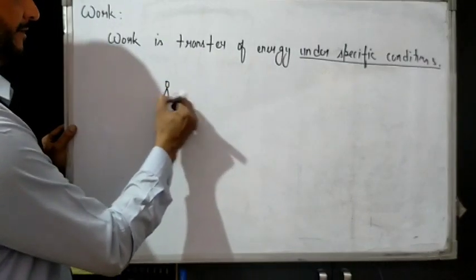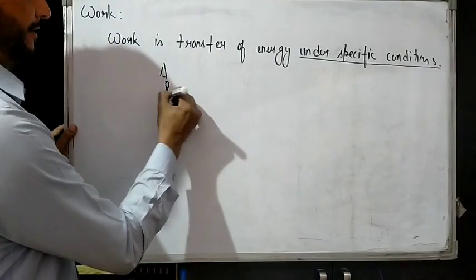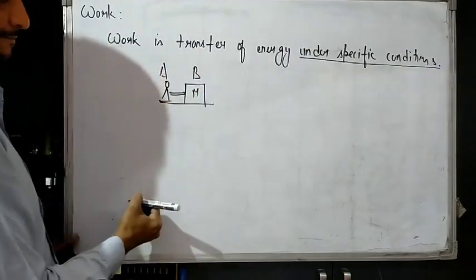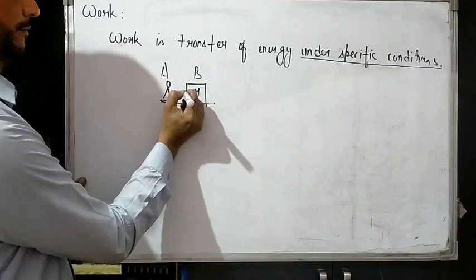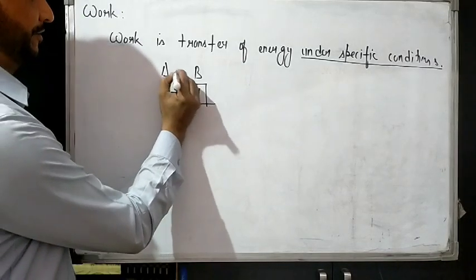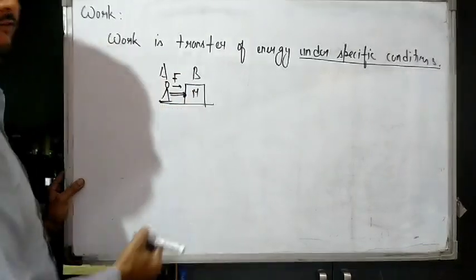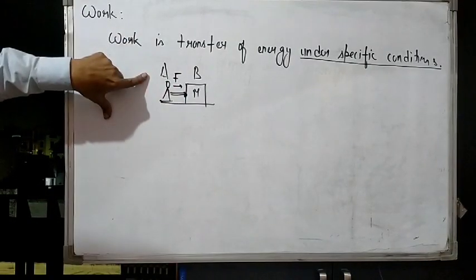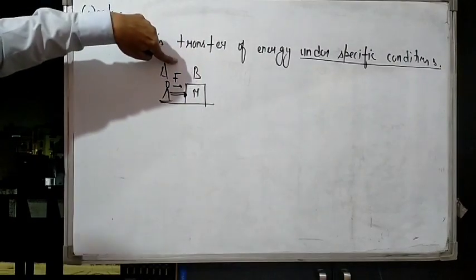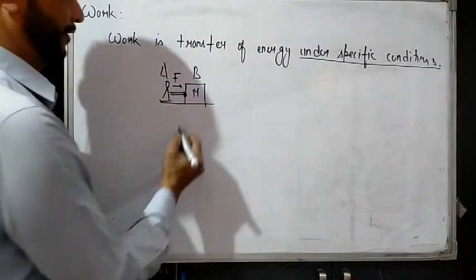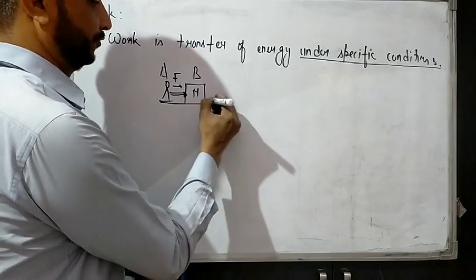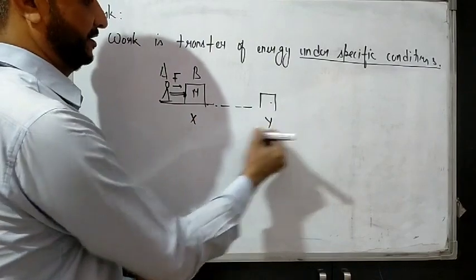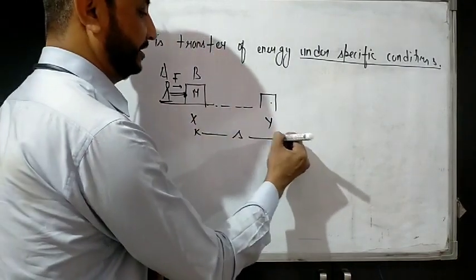Consider a man A pulling a block B of mass M by applying a force in the direction at the point of application. The block moves through some distance, say this is x and this is y, and the distance between the two is s.